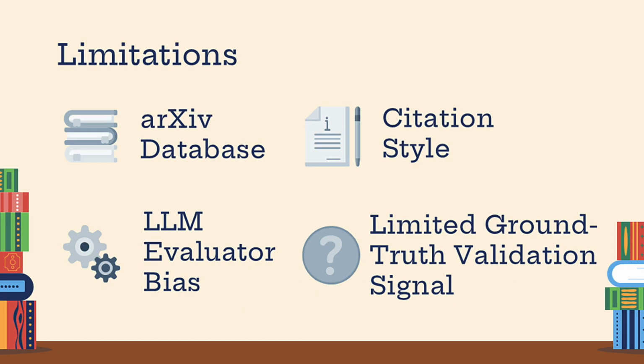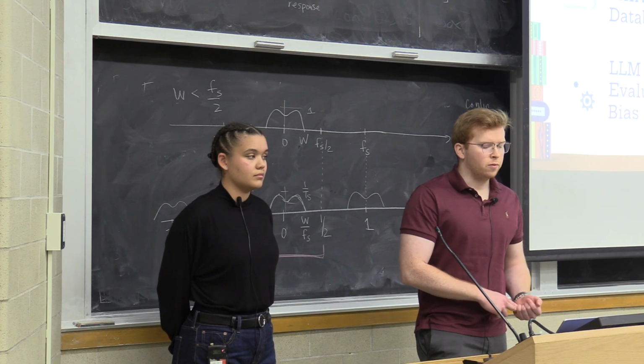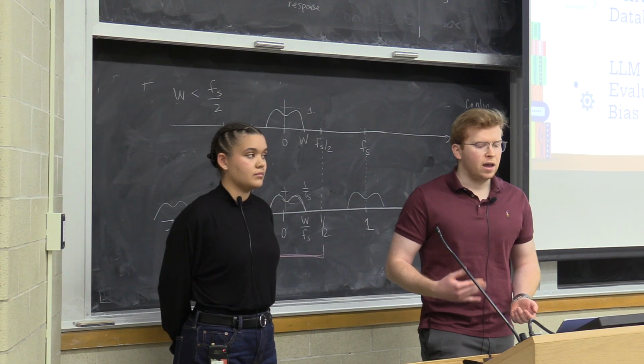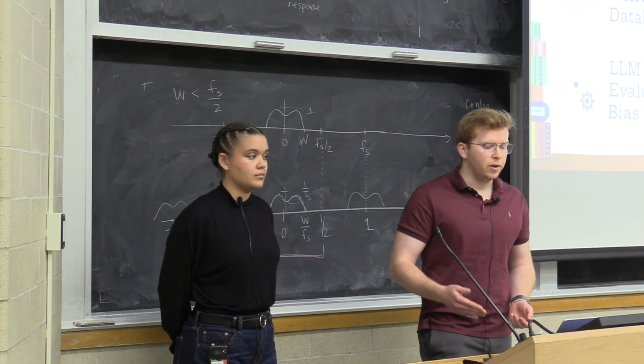In terms of limitations, our database is restricted only to arXiv, which can limit the citation coverage. We also only output citations in APA format, whereas a lot of machine learning papers will use styles like IEEE. Our system also lacks a strong ground truth validation signal, meaning stuff like the depth and nuance of the writing or gaps in research doesn't have a reliable benchmark to evaluate against.